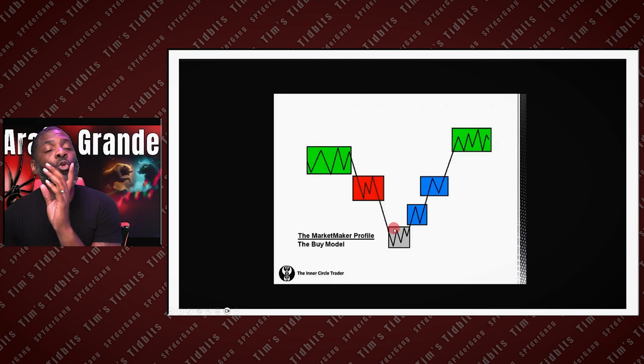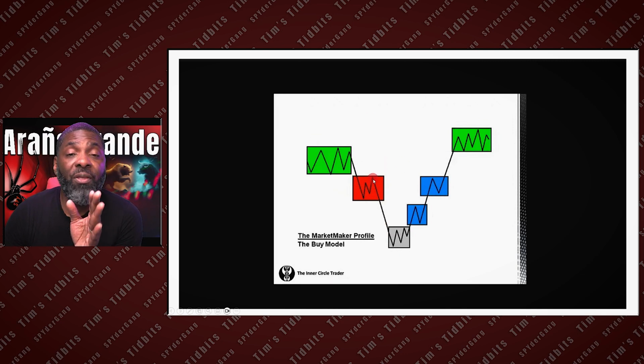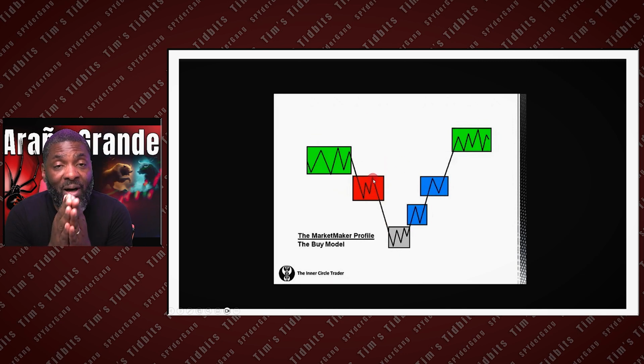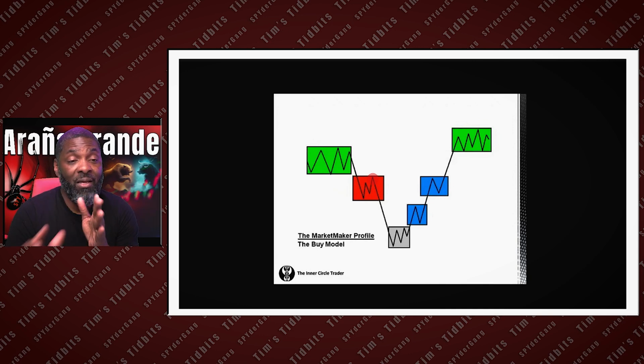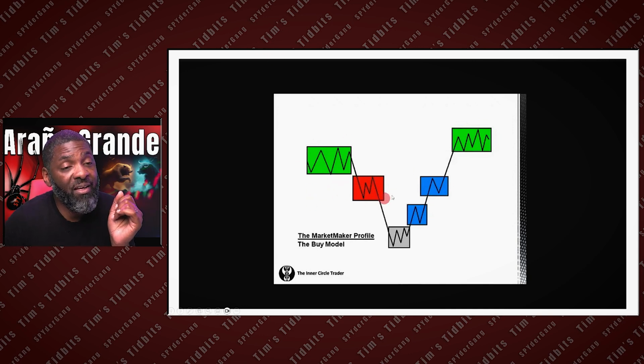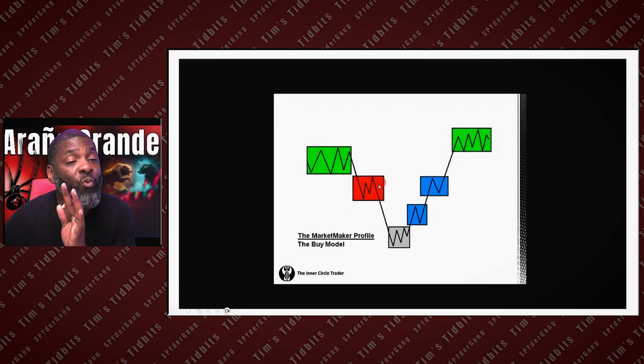Understood? Now, do not get confused with the price engine model of reaccumulation and offset reaccumulation. That's a price engine model that's named the same thing, because in this area of distribution, you can be looking for a price engine model of offset distribution or redistribution inside this area of distribution.